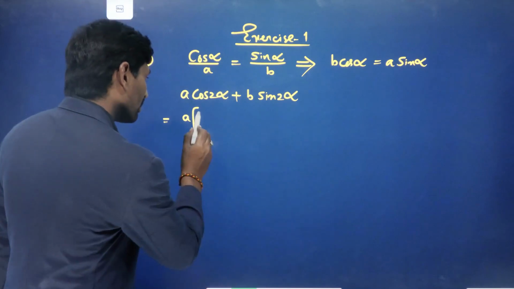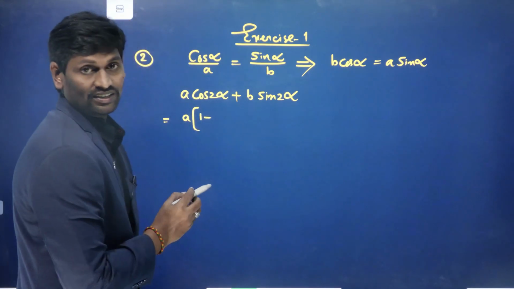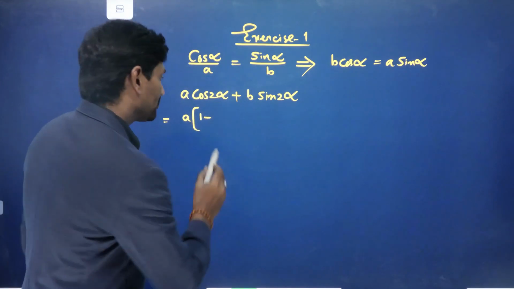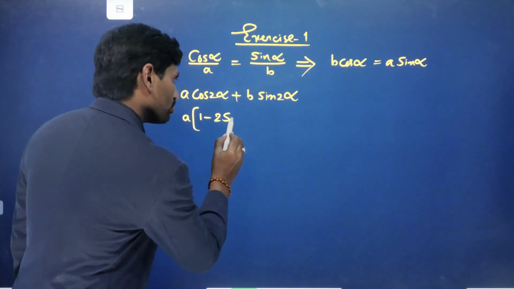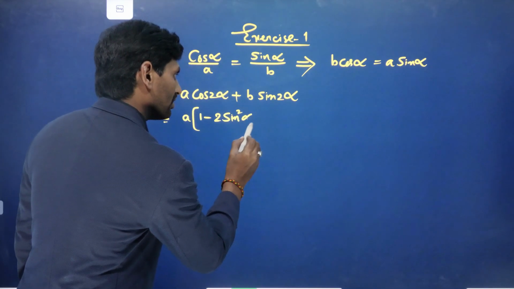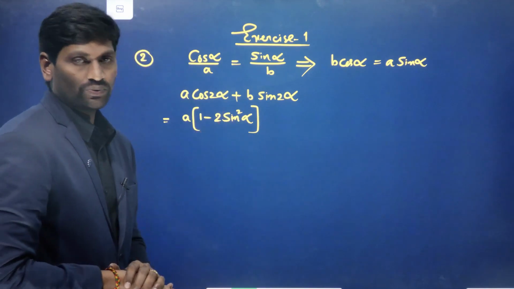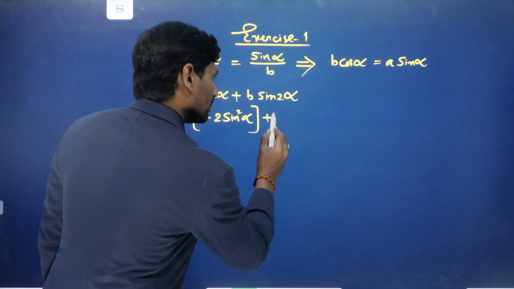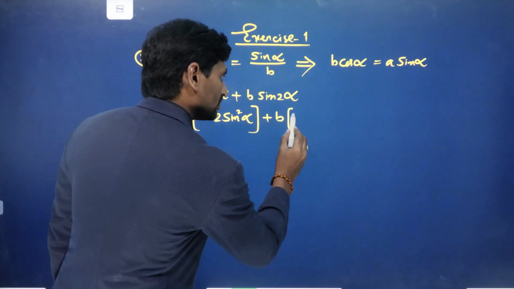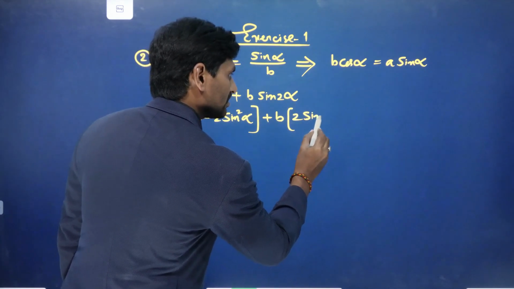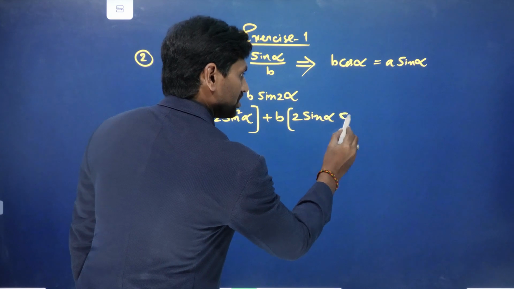The cos 2 alpha formula, applying in terms of sin: cos 2 alpha equals 1 minus 2 sin square alpha. And the sin 2 alpha value is 2 sin alpha cos alpha.